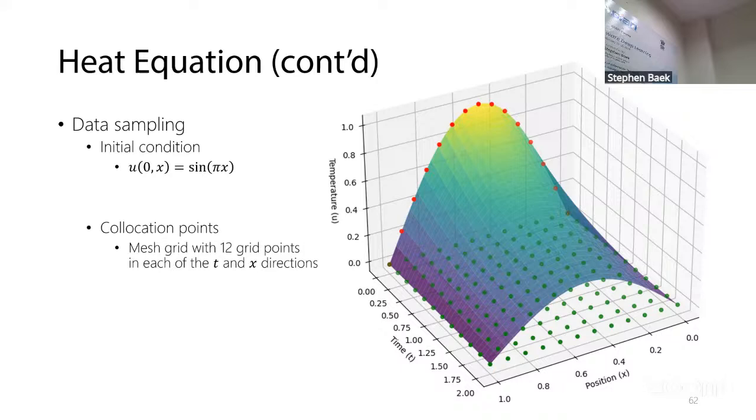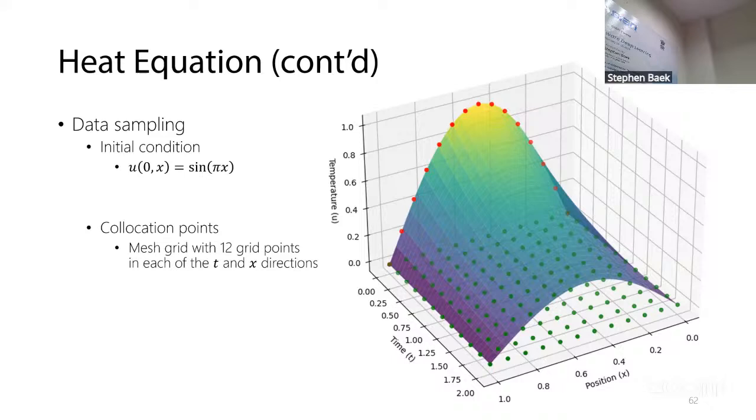Now for collocation points, we're going to set a mesh grid of 12 by 12 grid points. Again, here I just uniformly sampled, but I could, for example, have more collocation points earlier in time because I know that in the diffusion equation, the dynamics is more interesting at the beginning.